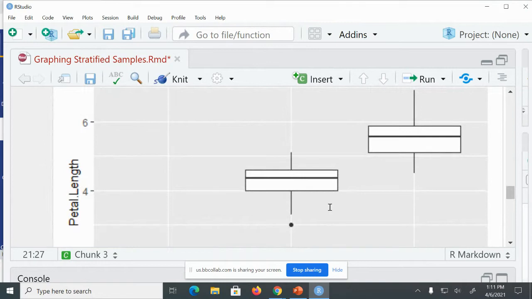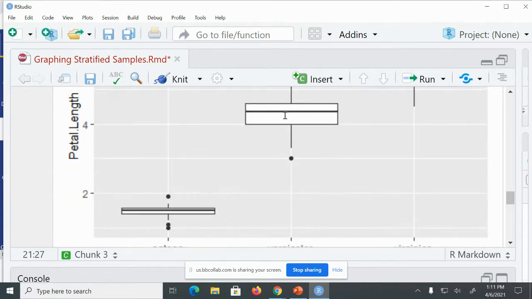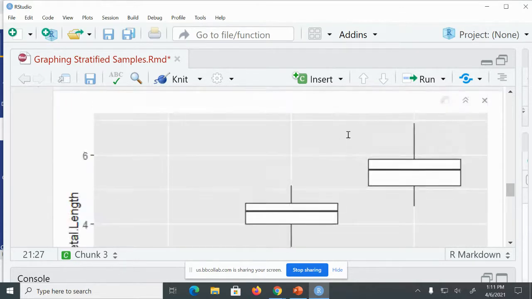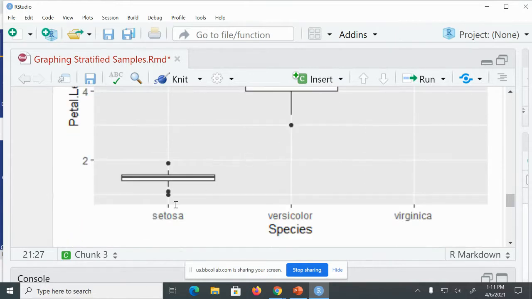And this graph is showing us a similar finding to what we saw in the histogram last time, that because there's not much overlap between these boxes, petal length is pretty different among these different species, and there's a lot more variation from the maximum petal length to the minimum petal length overall compared to the amount of variation within each species.